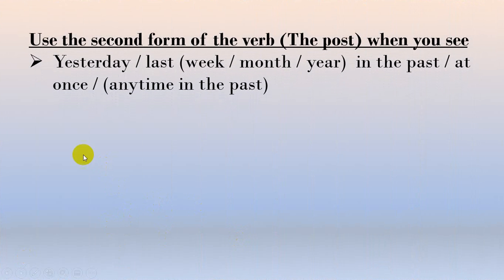Also, we should use the second form of the verb, the past, when you see these words: yesterday, last week, last month, last year, in the past, at once, or any time in the past.